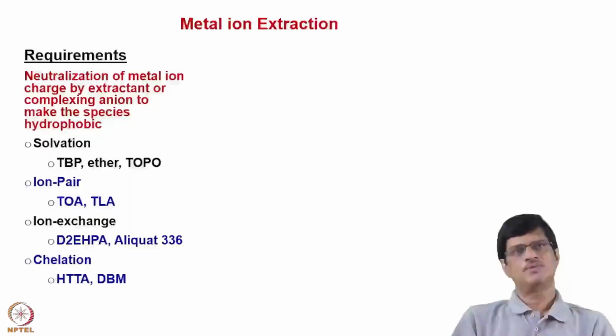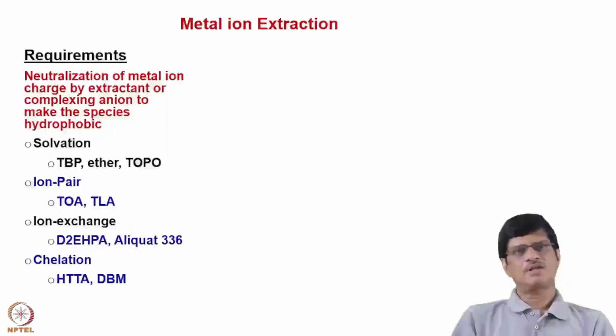It is a non-polar organic medium. Therefore, the extractant is required to form a complex, and you also need a complexing anion. If you have a neutral extractant, then you need a complexing anion like nitrate ion, which makes the extracted species charge neutralized. Because of the extractant, the species become hydrophobic and get partitioned into the organic phase.